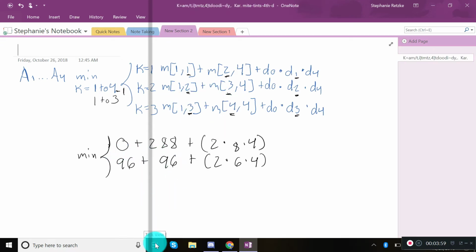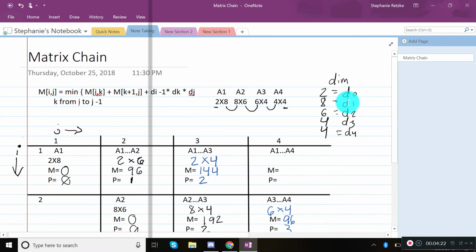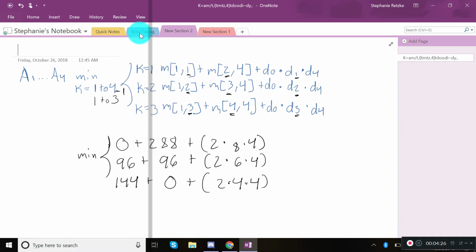Now you're going to go back to the one that you're normally used to, where this is 144 plus at 4, 4. As you can tell, this is going to be a 4, so it is a 0. And then plus the dimension, so 2 times 4 times 4. And I am just looking at these dimension values, but I can't split my screen for you guys.